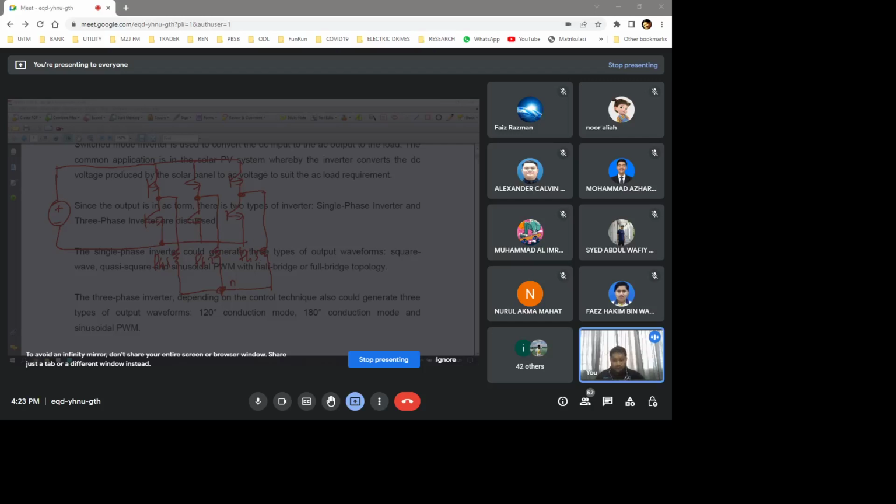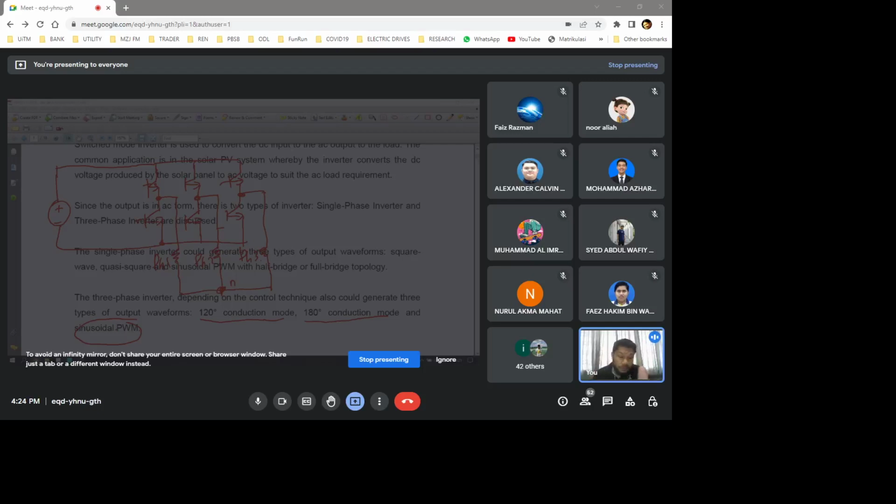And to control the switches, there is the 120-degree conduction mode. The other one is the 180-degree conduction mode, and finally the sinusoidal PWM. The circuit is the same, only one circuit needs to be considered, which is different to the single phase, because single phase can be full bridge or half bridge, isn't it?